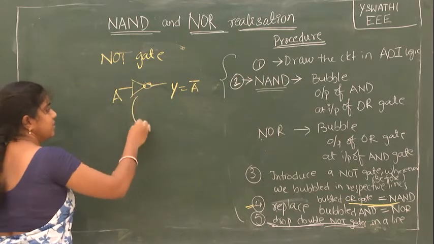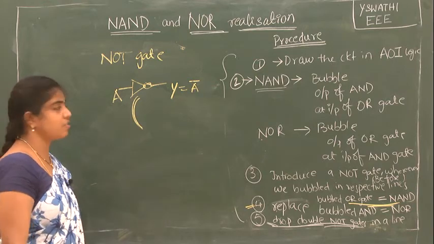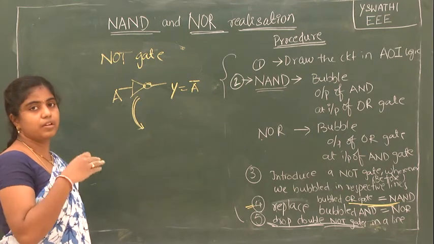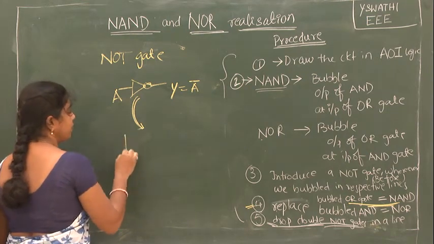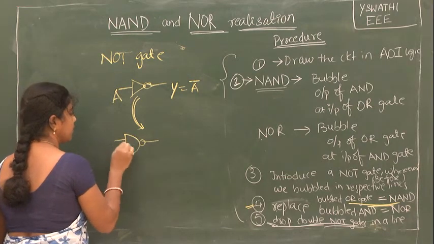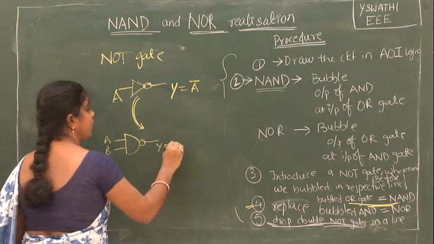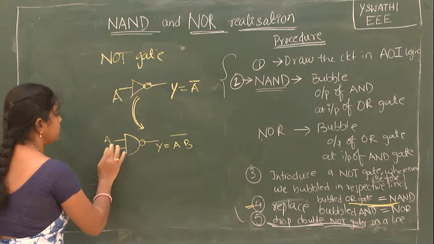To represent the given inverter in NAND or NOR realization, you can use the same input on both inputs. See, if the NAND gate has two inputs A, B, what is the output? A dot B whole bar. Let's take the two inputs as A.